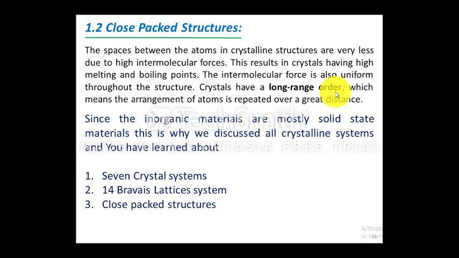It means the unit cell is repeated over a great distance. The inorganic materials are mostly in solid state. This is why we discussed all of the crystalline systems, and you have learned about 7 crystal systems, 14 Bravais lattices and close packed structures.